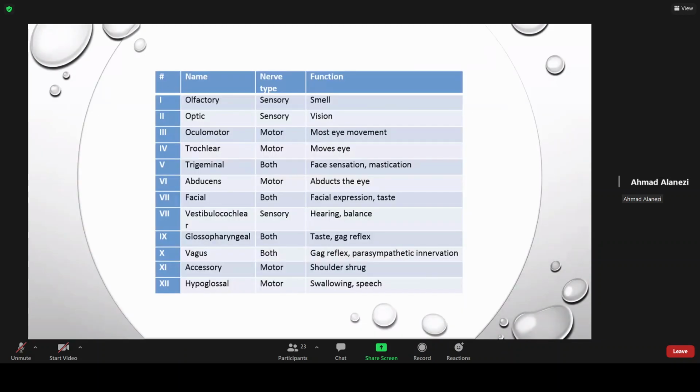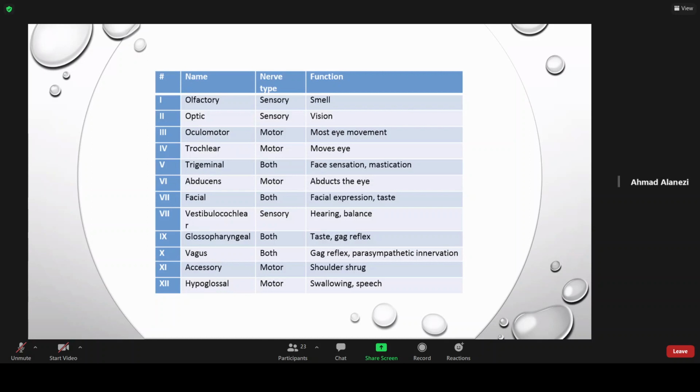Now, to remind you about cranial nerves, they are 12 and their functions. Smell is conducted by olfactory, vision by optic, and they are pure sensory nerves. Eye movement by the 3rd, 4th, and 6th.